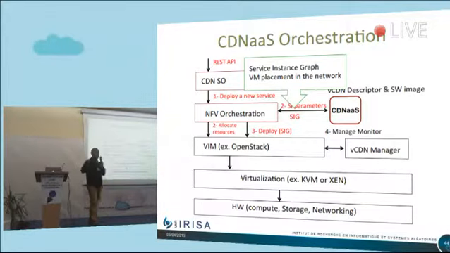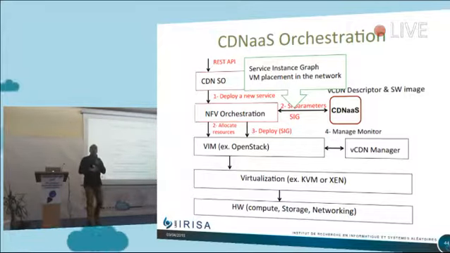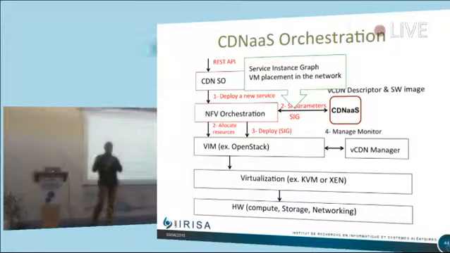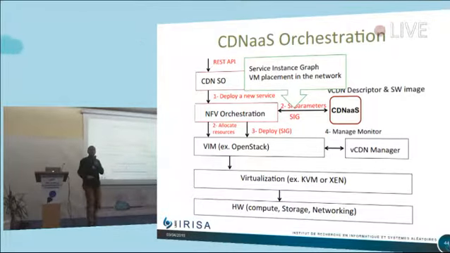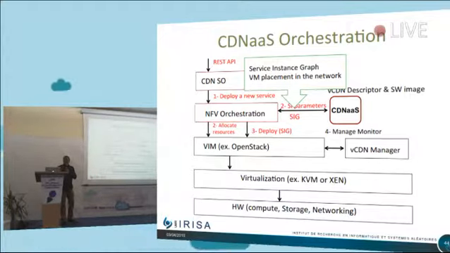These VMs have the software image in the system, and they are placed in several data centers, with interconnection using Open vSwitch, virtual tunnels between these Open vSwitches, and using SDN. After that, everything is placed in the network.